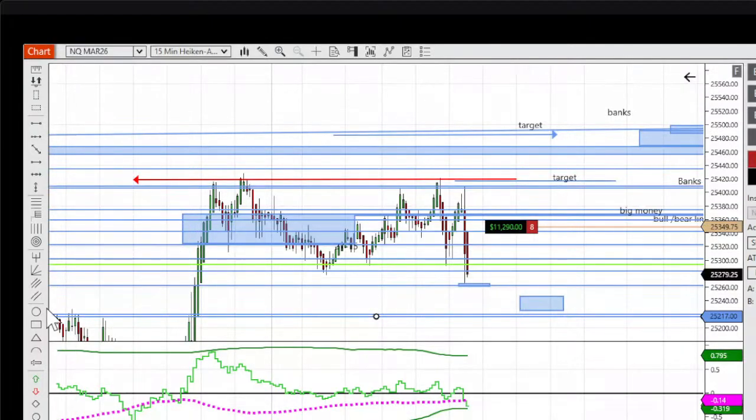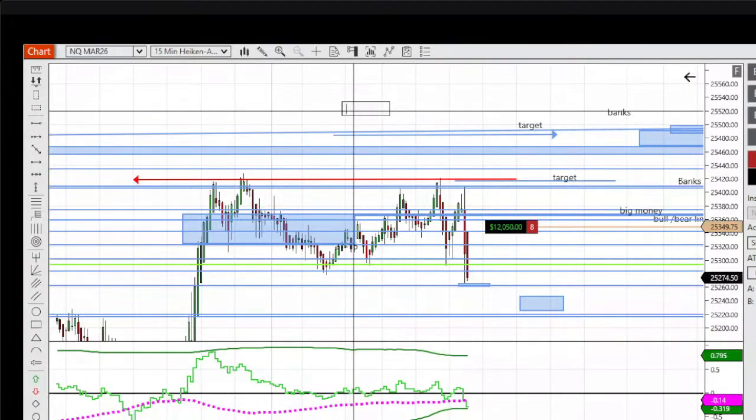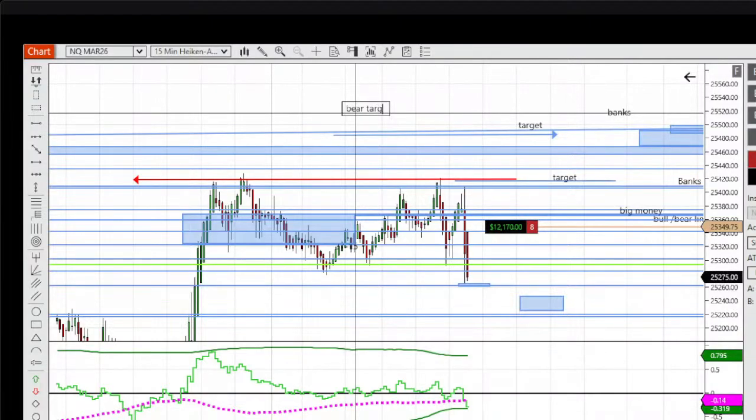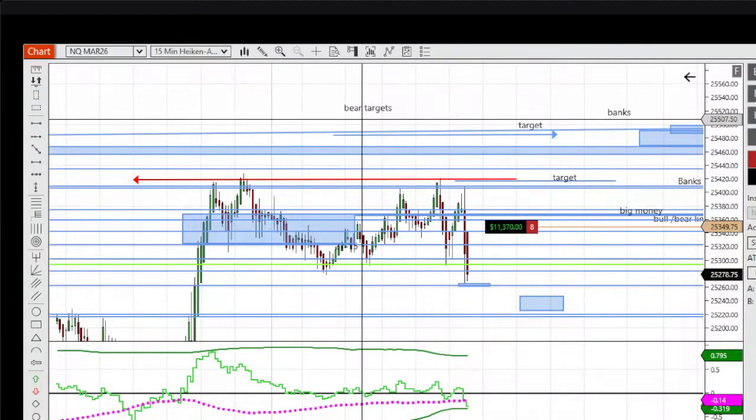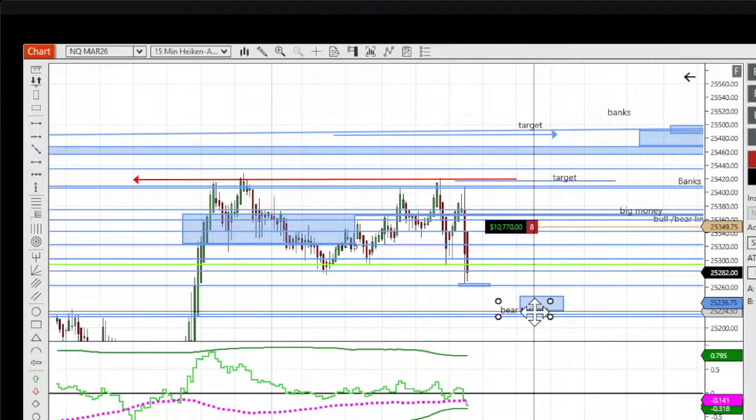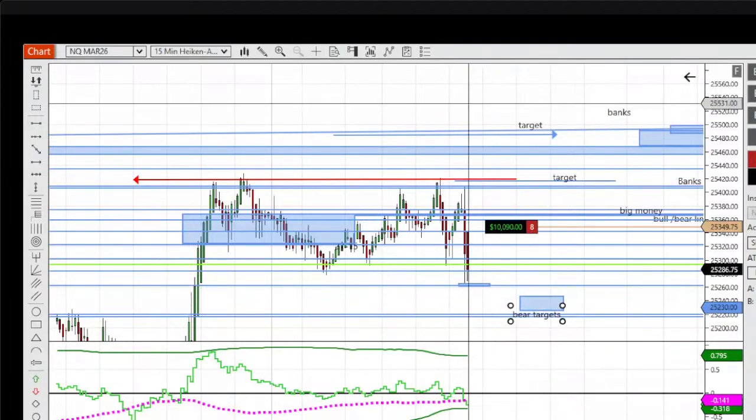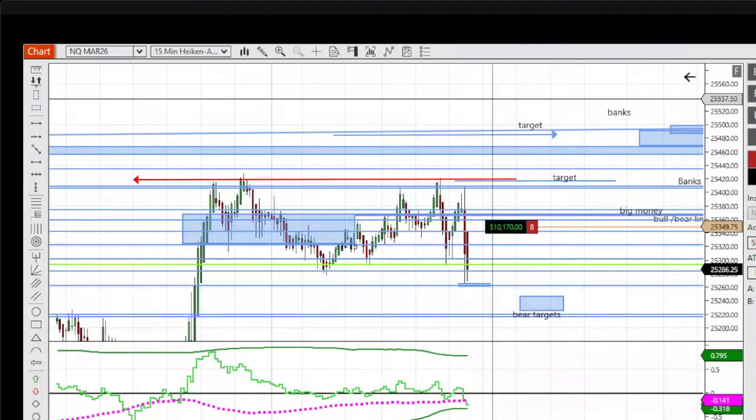And these are what? Right there. These are your two bear targets for the day. Right there. Starting to make sense?